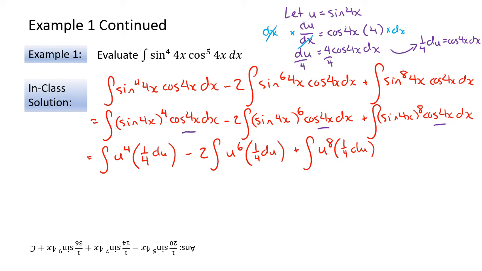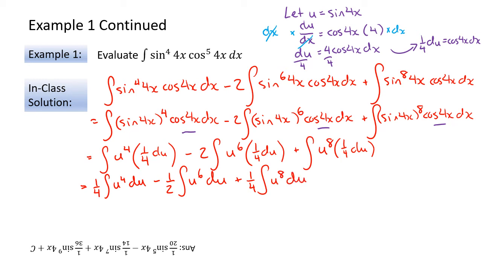So now I'm going to move the constants outside of each of these before doing the integral. If I do that, I get 1 over 4 times the integral of u to the exponent 4 du, minus, I have 2 times 1 over 4, which is 1 over 2, times the integral of u to the exponent 6 du, plus the last term, 1 over 4 times the integral of u to the exponent 8 du.